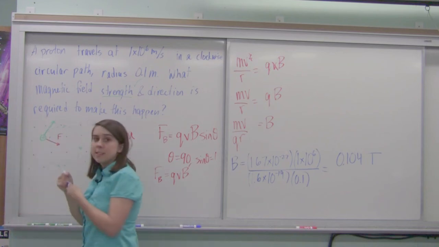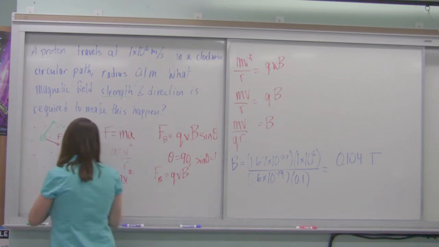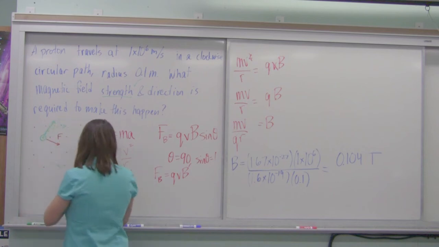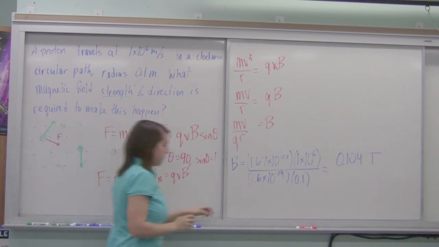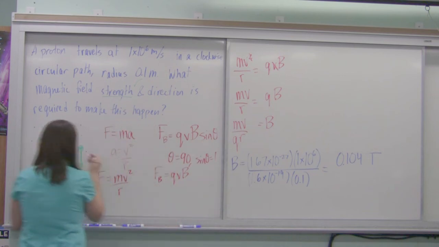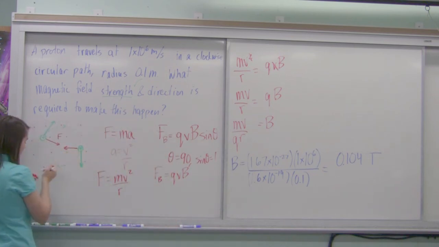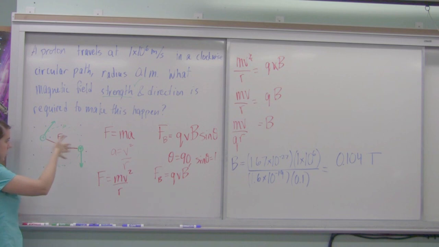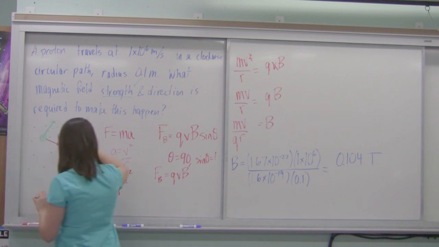Just as an aside, it doesn't really matter where I did this. If, for instance, I had chosen this moment, my palm would be pointed into the center of the circle. And in order to do that, let's see.